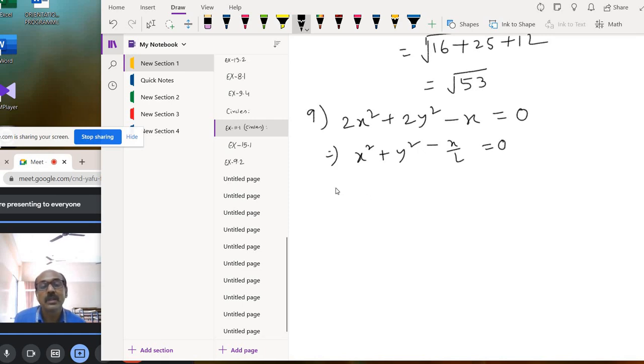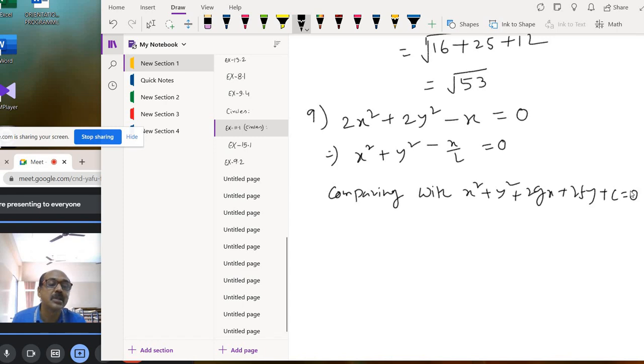Now comparing with x square plus y square plus 2gx plus 2fy plus c equal to 0. So 2g equal to minus 1 by 2.